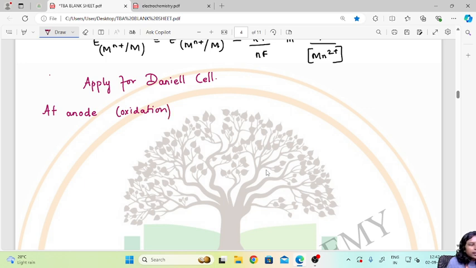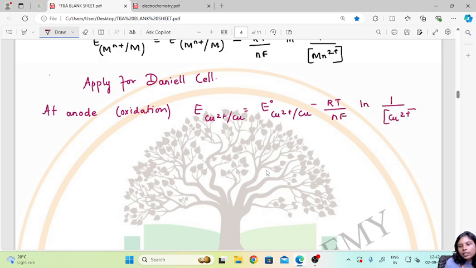In that case we write E Cu2+/Cu equals E° Cu2+/Cu minus RT/nF ln of 1 upon the Cu2+ ions that are present. Same way at cathode, reduction.